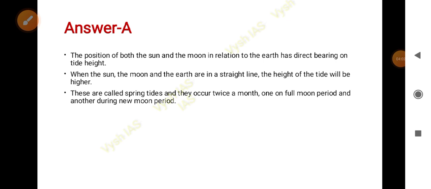So when the sun, moon and earth are in a straight line, the height of the tide will be higher, and that's how spring tides are formed. These are called spring tides, and they occur twice a month: on the full moon period, and another during the new moon period.